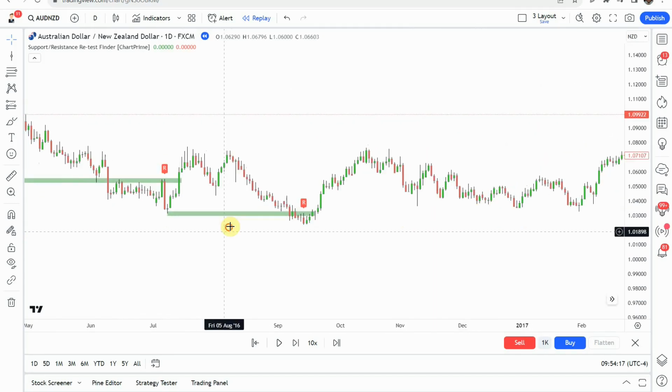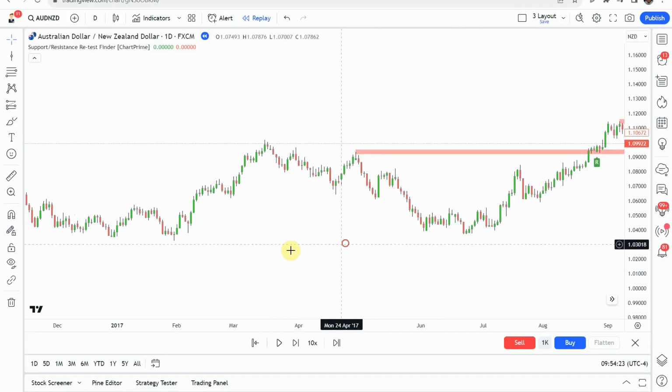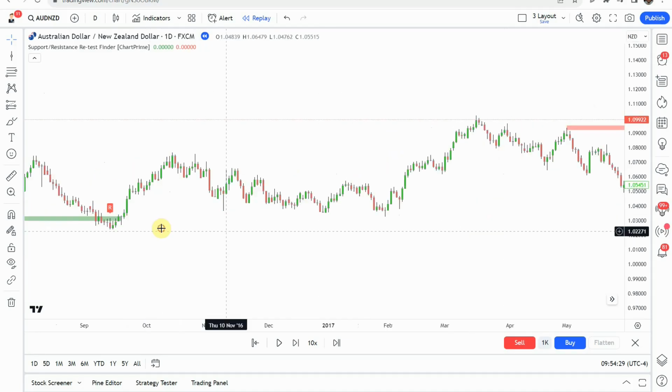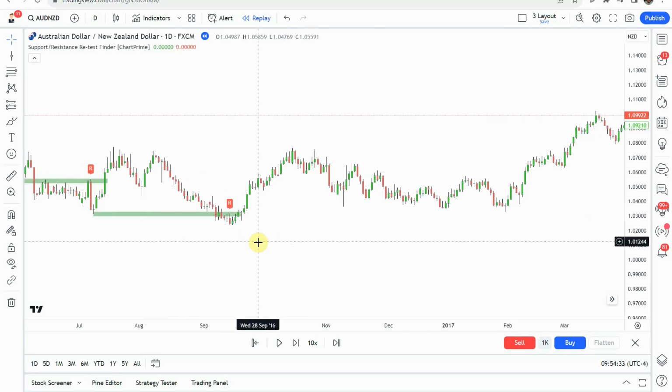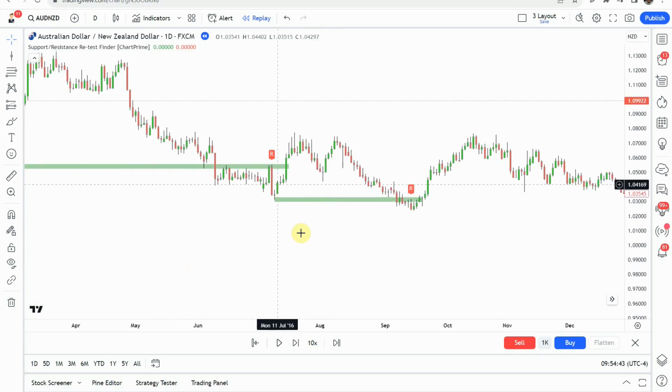And so support you can think of as being underneath you, sort of like a floor supports your weight, and resistance being above you, something like a ceiling above you that you may run into. But we get this area of support and resistance. In this case it is support, and we get a break to the downside. We get a break to the downside right here, breaks through that area, comes back, retests it. In this case it doesn't do too well, same here.